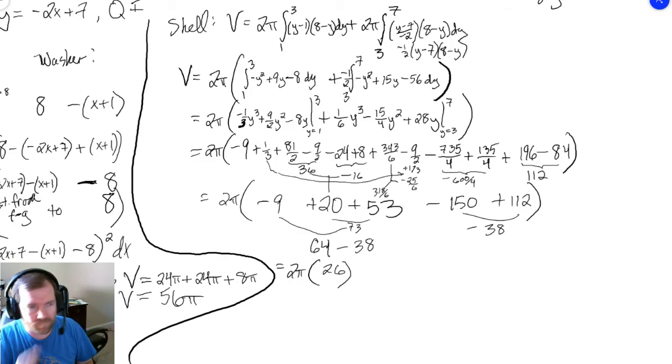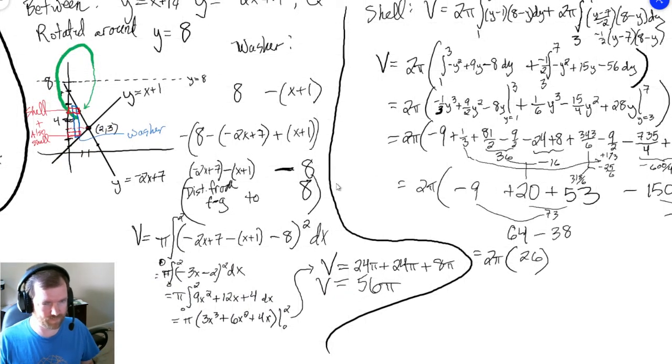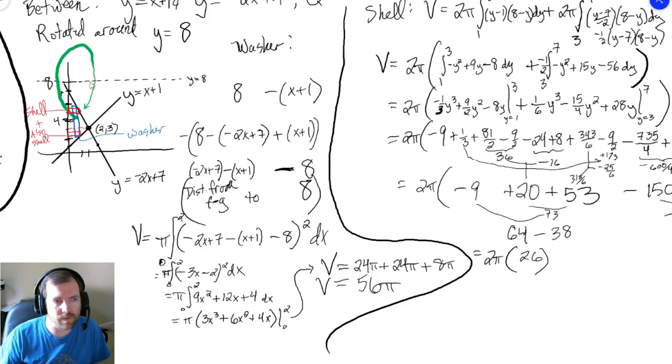So I'm willing to bet I made a mistake with the subtracting from 8 over here. Alright, that got 56 pi.